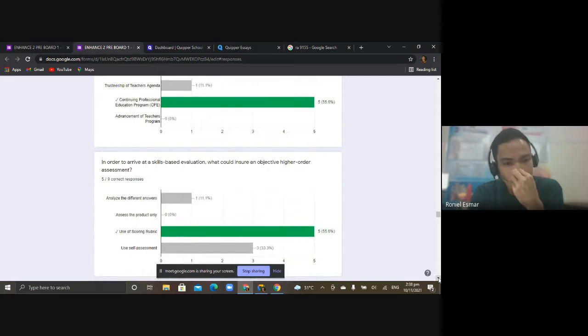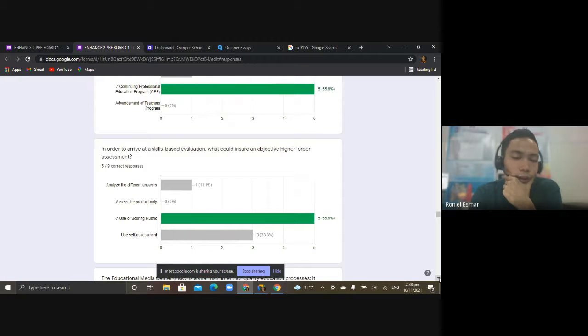Next, in order to arrive at a skills-based evaluation, what could ensure an objective higher order thinking assessment? Is it to assess the product only? Or three, use of scoring rubric, use self-assessment, analyze the different answers.